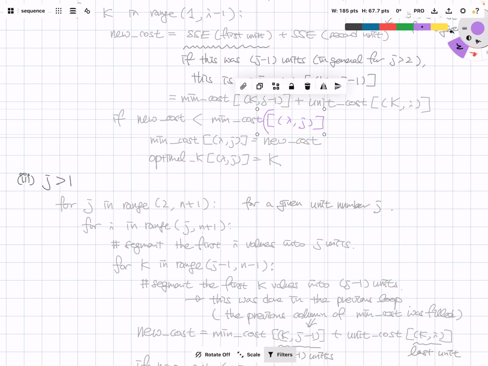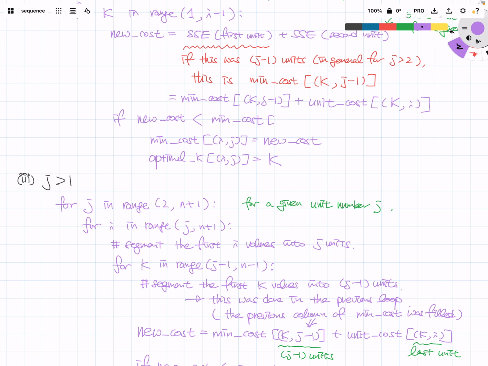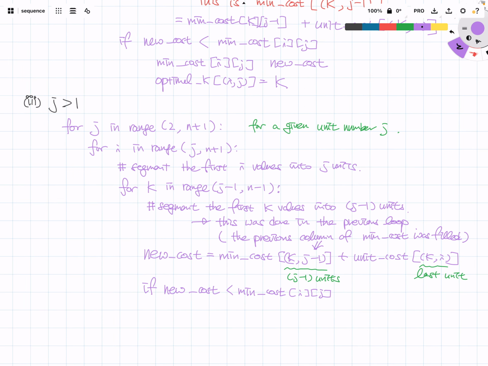Actually, this is a matrix, cost I j, to be accurate. Yeah, optimal k can be also a matrix if you want, or it can be a dictionary. It doesn't matter. So this is again the matrix.